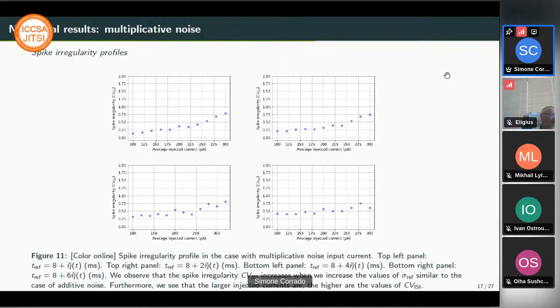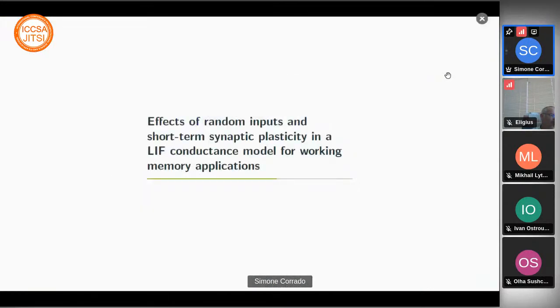But you could also conclude that the larger the injected currents are, the higher the value of this coefficient of variation. Now, as on my first slide, you may recall that we presented the characteristics of different types of plasticity and how we view that. And now the next step is how to integrate short-term synaptic plasticity within the model that I have just been discussing.